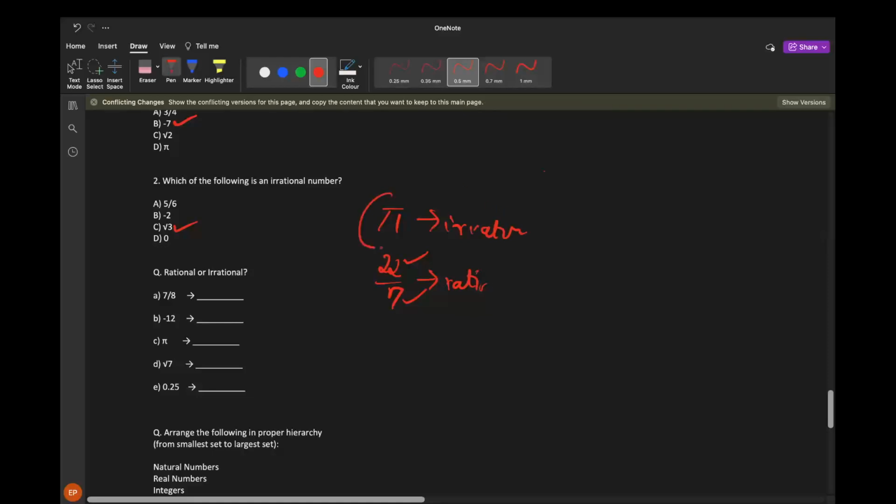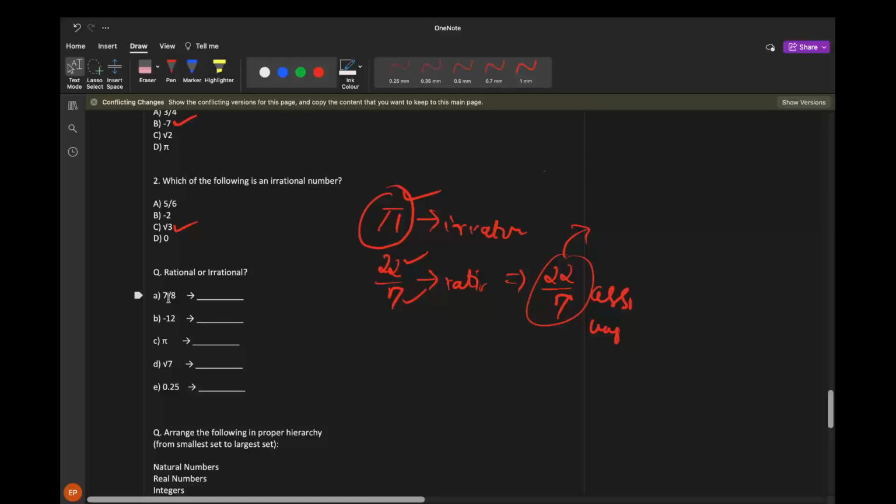But pi is not rational, it is irrational, because 22 by 7 is an assumed value, not the actual value. We just assume it for easy calculation. The actual pi value is not 22 by 7, but it is approximately equal. Pi is an irrational number only, but if you consider 22 by 7, it is a rational number.